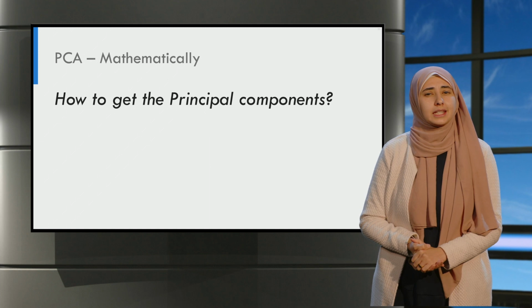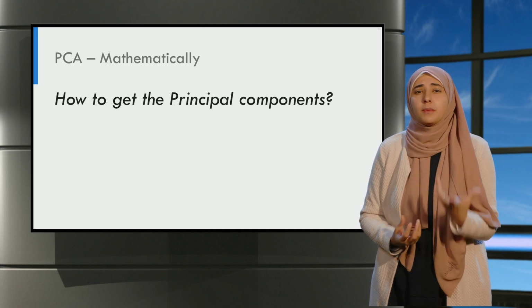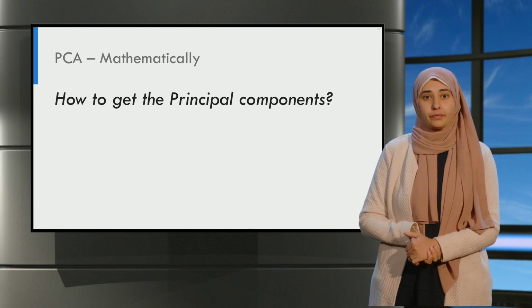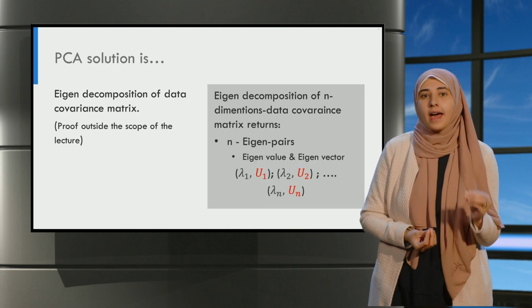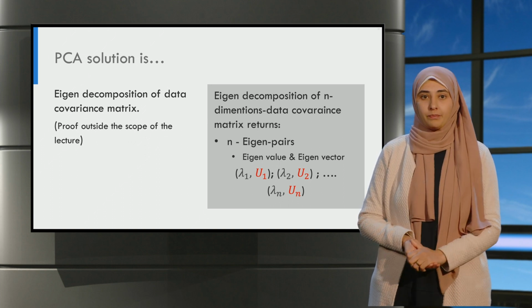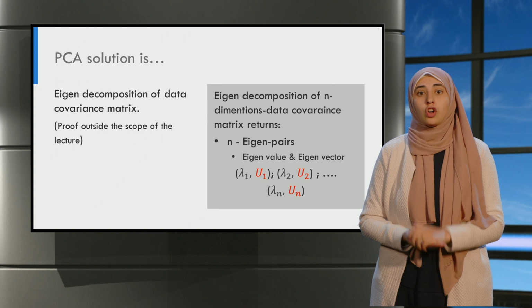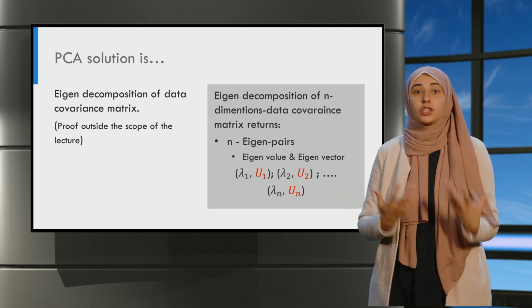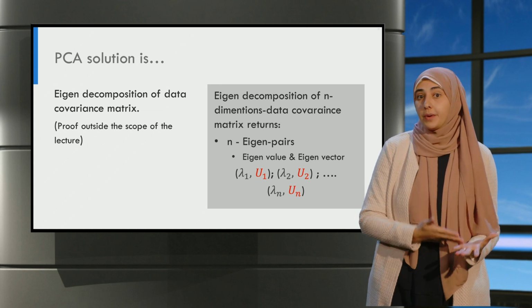But the question is, how can we find these principal components mathematically so we can project the data onto them? This is done by eigenvalue decomposition of the covariance matrix of the data. The eigen decomposition of the covariance matrix of n-dimensional data returns n eigenpairs.